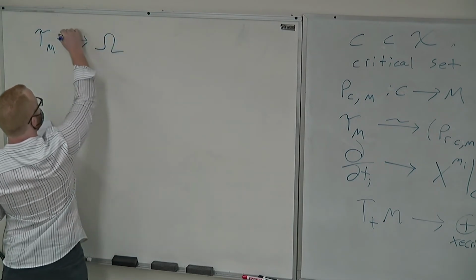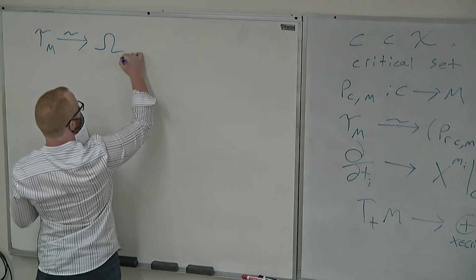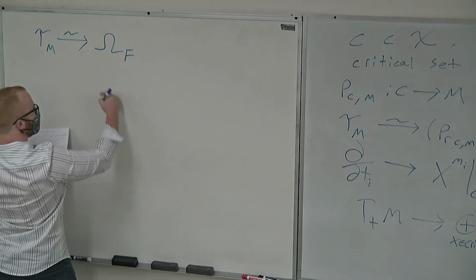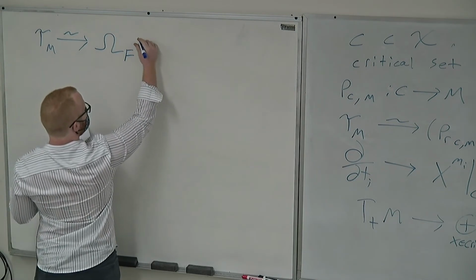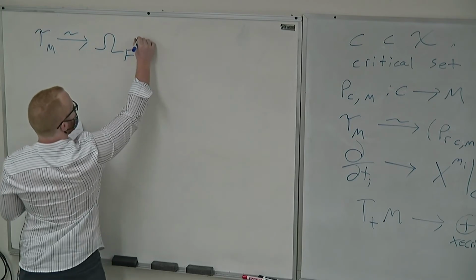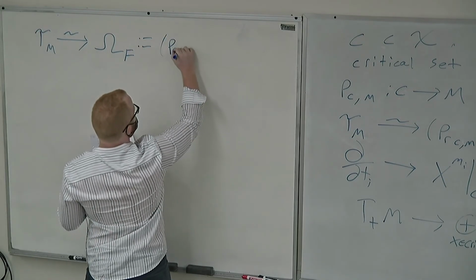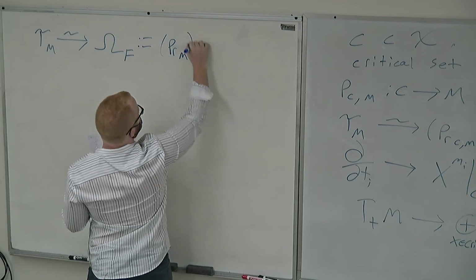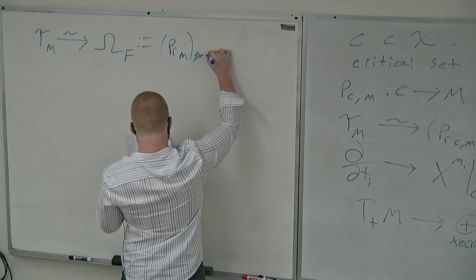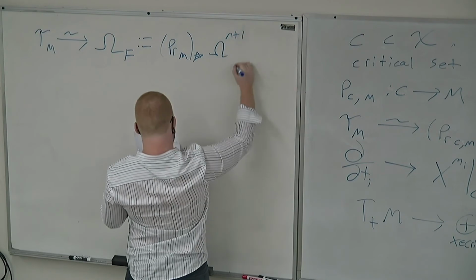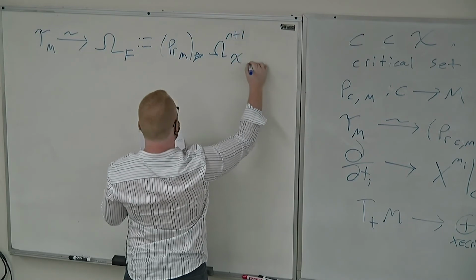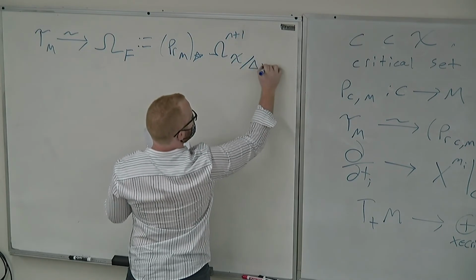I get an isomorphism to this. These are going to be the relative differentials. So this is, at least, the push forward with respect to m of the relative differentials, the top forms of chi over delta cross m.